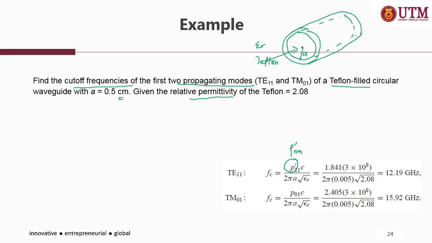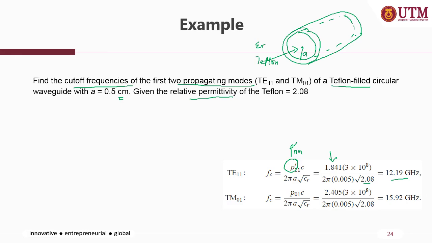So you need to refer to the table for TE modes to get the rho prime value. At n equal to 1, m equal to 1, rho prime is equal to 1.841, from the sample of rho prime nm values in the previous slide. And epsilon r, the permittivity of the Teflon, is given as 2.08 from the question. So you can get the cutoff frequency for the TE11 mode equal to this.